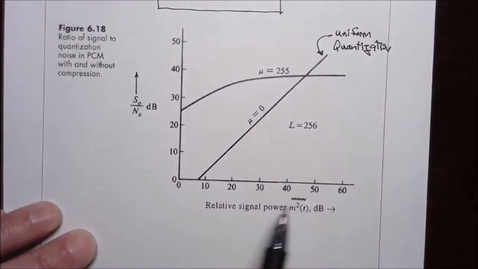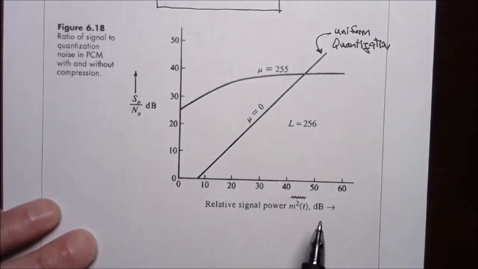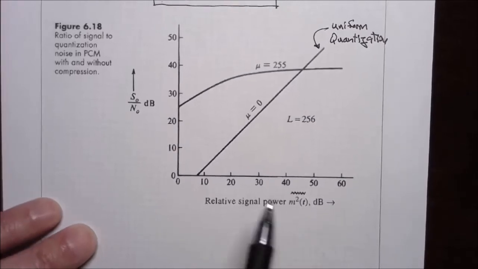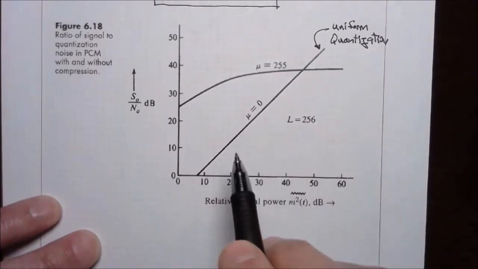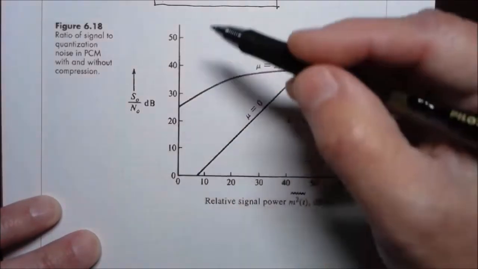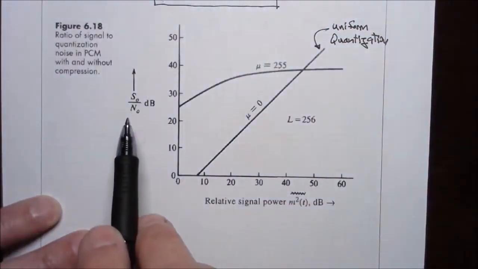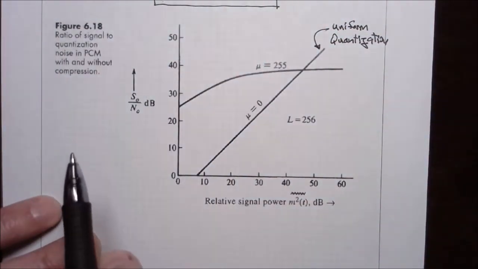Along the horizontal axis is the relative signal power. This is the power of our message signal in decibels. So it starts at 0 decibels and it increases. And along the vertical axis is the signal to noise ratio in decibels.